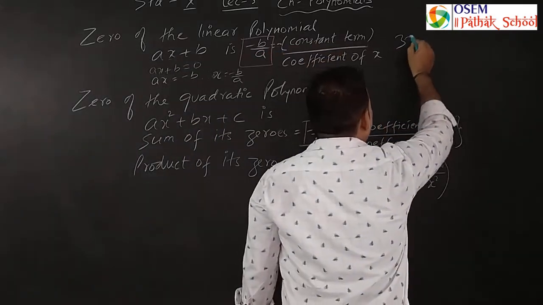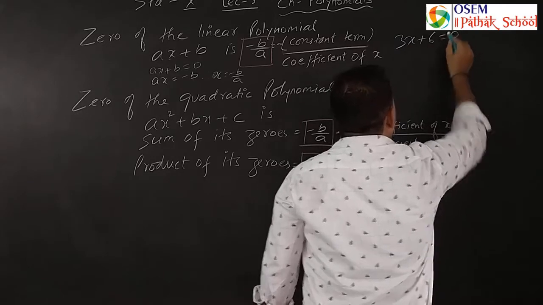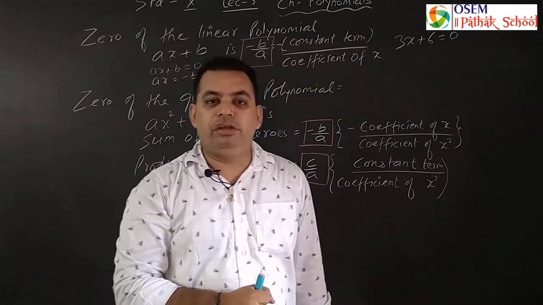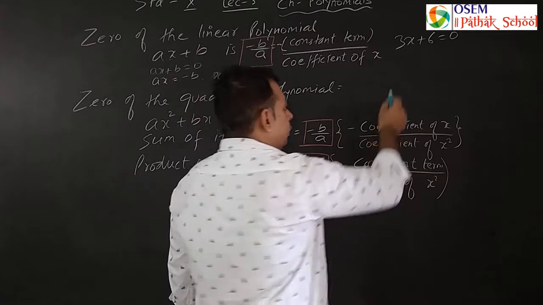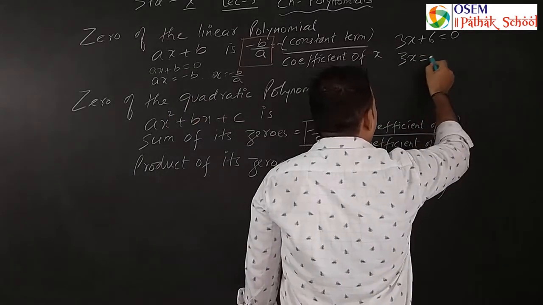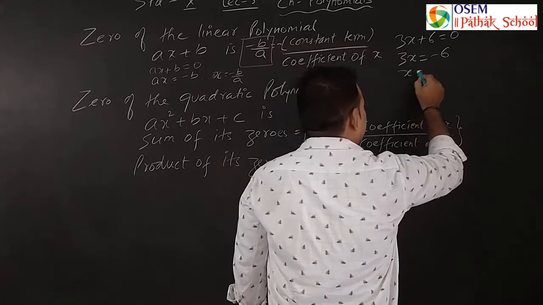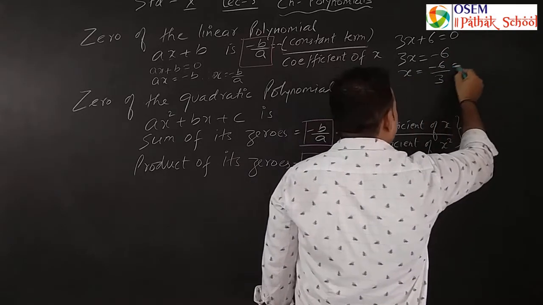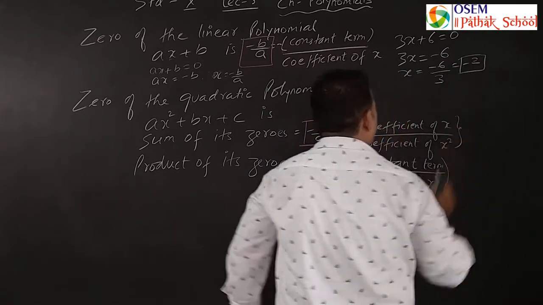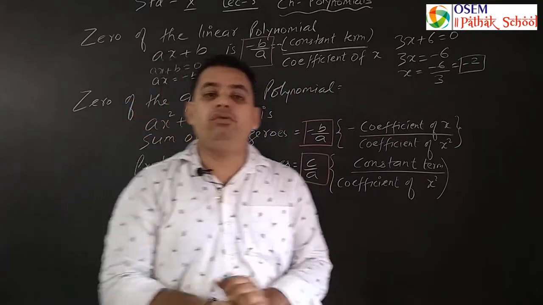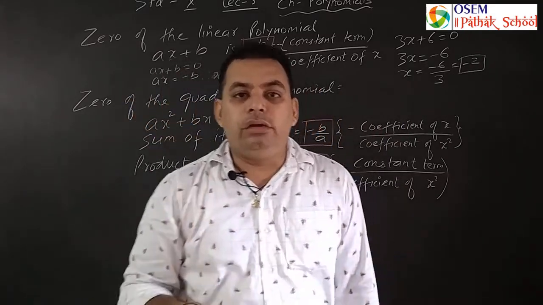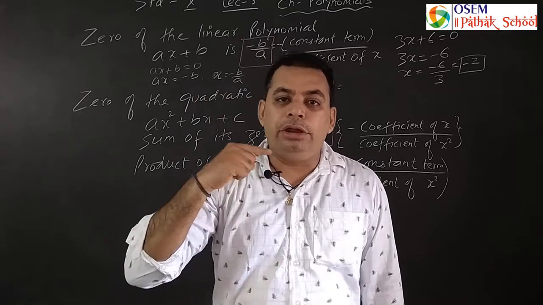I am giving an example. Suppose 3x plus 6 equals to 0. What will be the zero of this linear one? 3x equals to minus 6. x equals to minus 6 divided by 3, it will be minus 2. Students, you should always remember zeros will always be according to its power.